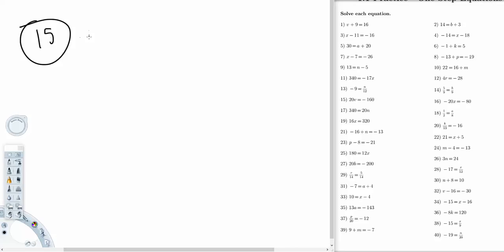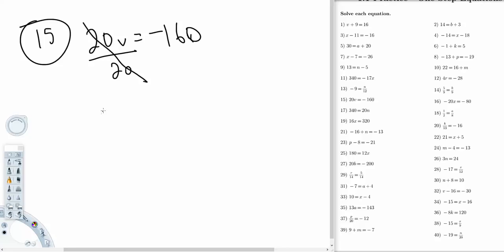Number 15. 20 times v equals negative 160. Now they're using big numbers just to mess with your brain. All right? So 20 times v, what would you have to divide that by to get rid of the 20? Well, you'd have to put a 20, right? Because the same thing over the same thing equals 1.